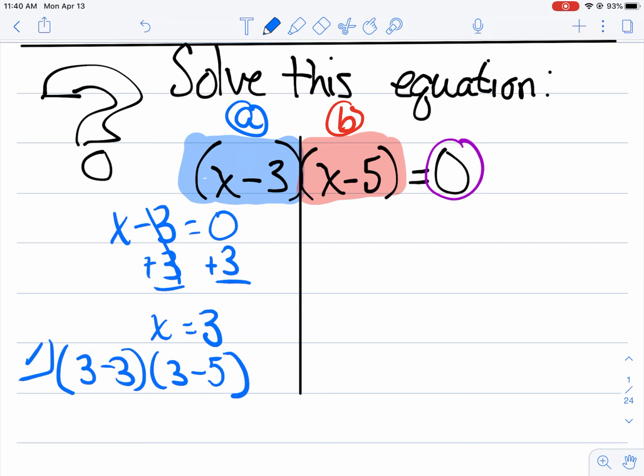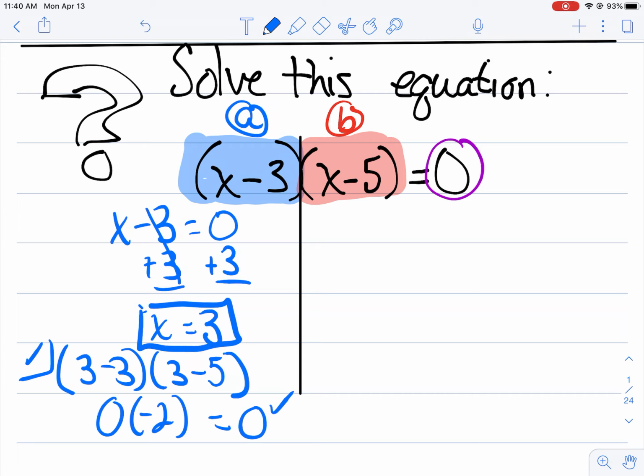This is our check step again. We have 0 times negative 2, and that equals 0. So 3 is a solution, or we call that a root of the equation. Solutions are called roots.